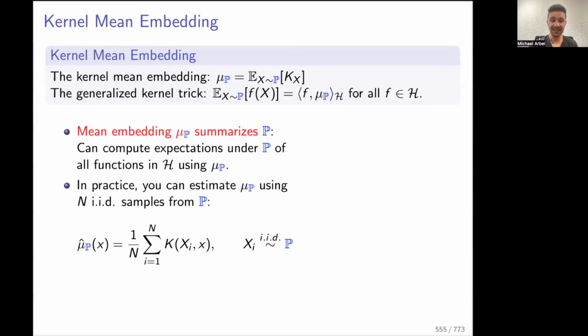And in practice, because it can be written as an expectation of the kernel, you can estimate it using n i.i.d. samples just by taking an empirical average of the kernel.